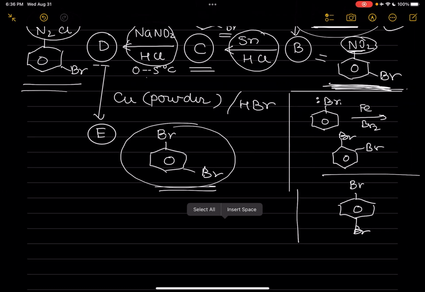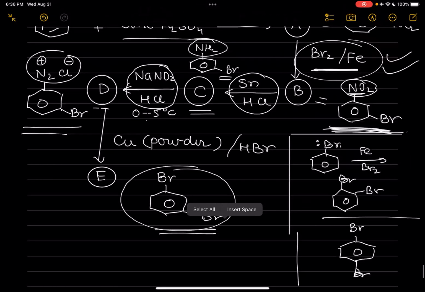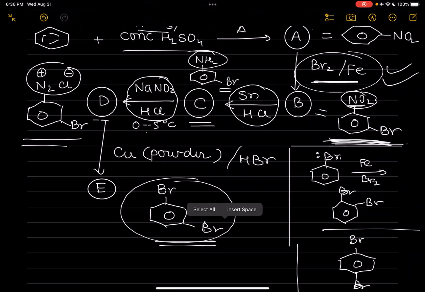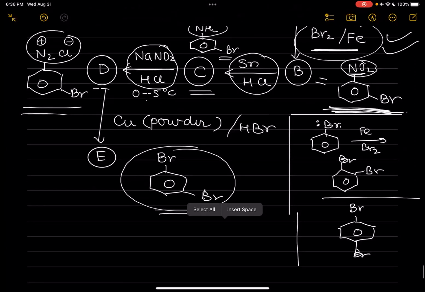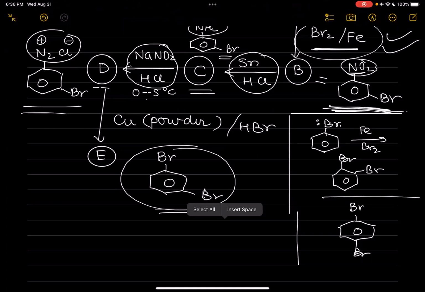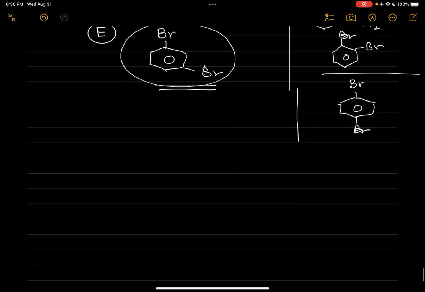In Sandmeyer, we treated diazonium with copper salt, CuBr and HBr, or CuCl plus HCl. But in Gattermann, we took copper powder, right? Okay, so that's what the difference was.